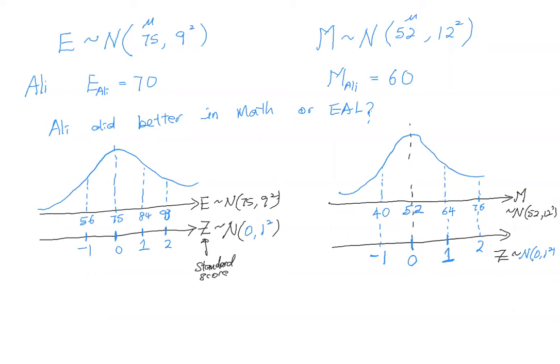Okay, so let's see. Ali got 70 marks. 70 is around here, on the left of 75.